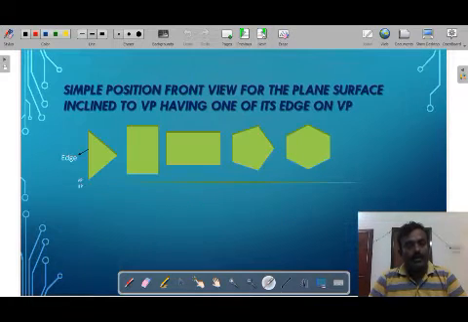This is the simple position front view for the plane surface inclined to the VP, having one of its edges on VP. Since the surface is inclined to VP, draw the front view first. Next, look at the resting condition. Since it is resting on the edge on VP, keep the edge on the left hand side.